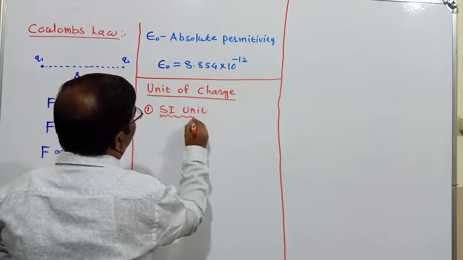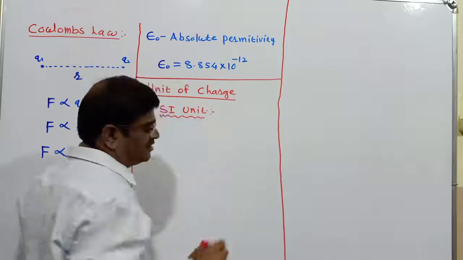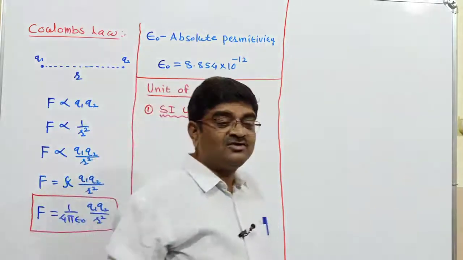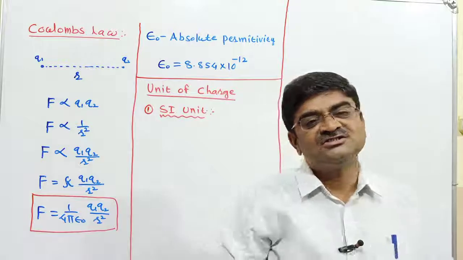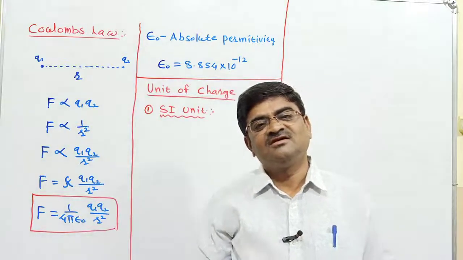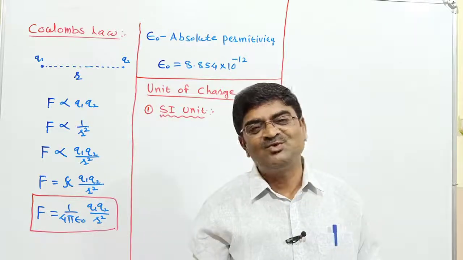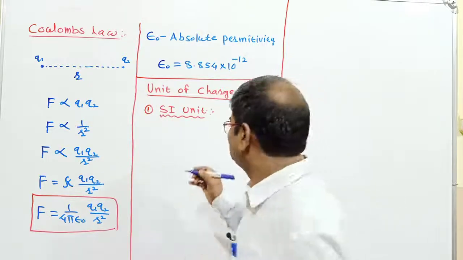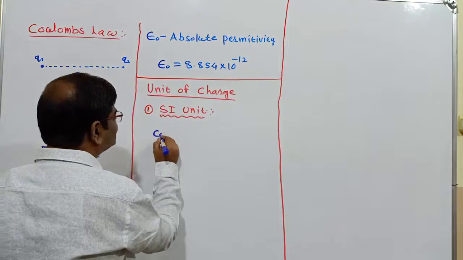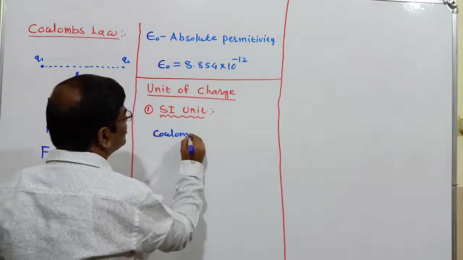For your information, the SI unit of electric charge is named after the scientist Coulomb. So the SI unit of electric charge is Coulomb.